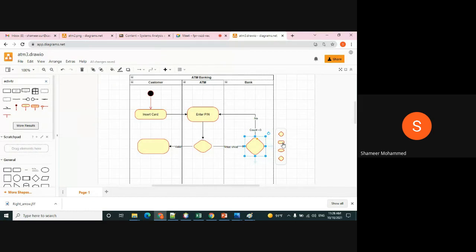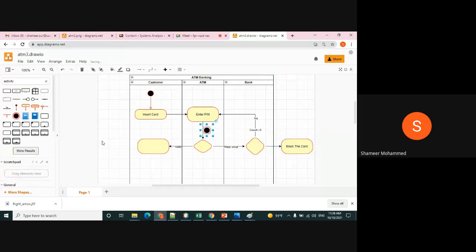Then you end the transaction and block the card. Block the card. Okay, after that you can end the transaction. Ending the transaction here, this symbol.